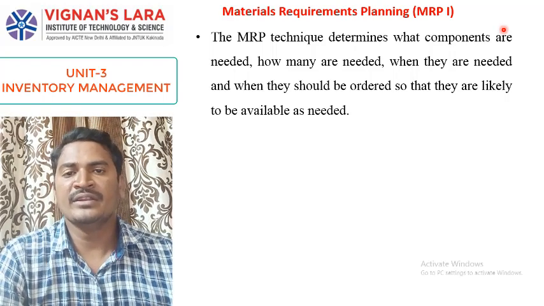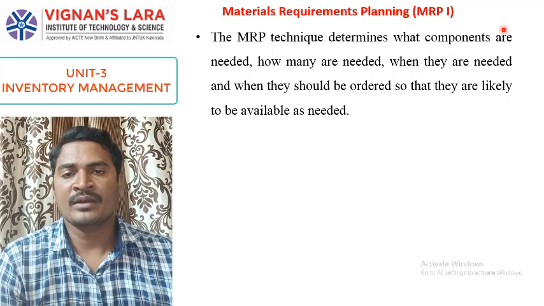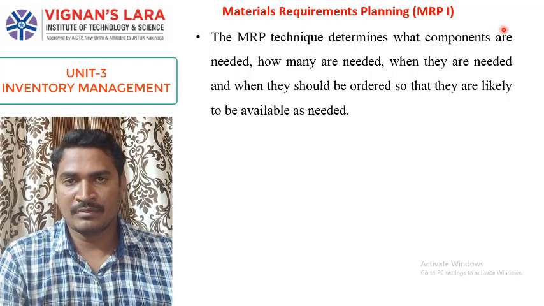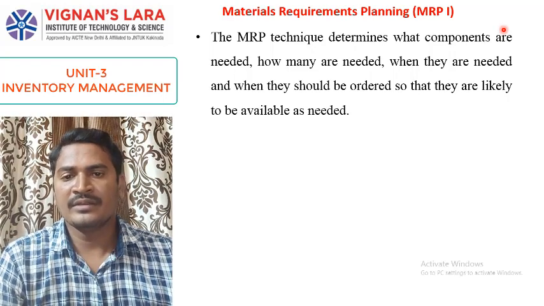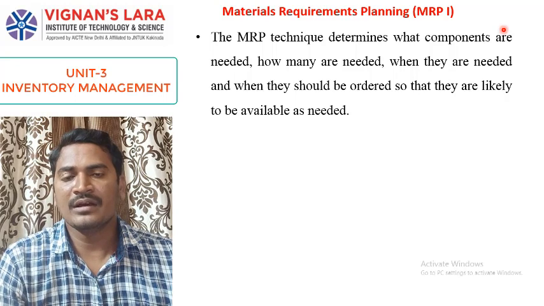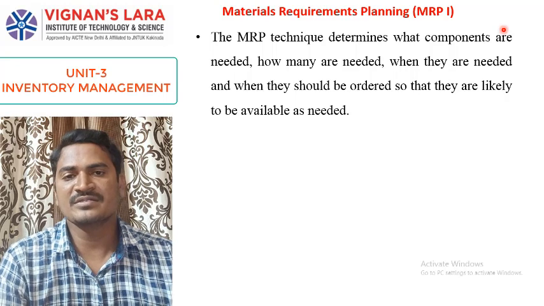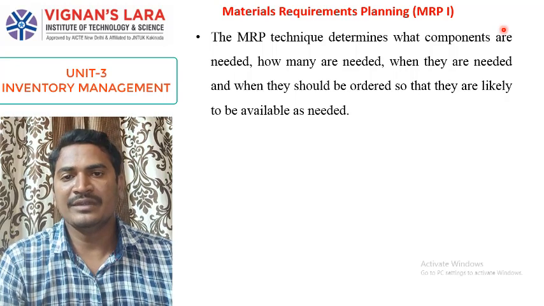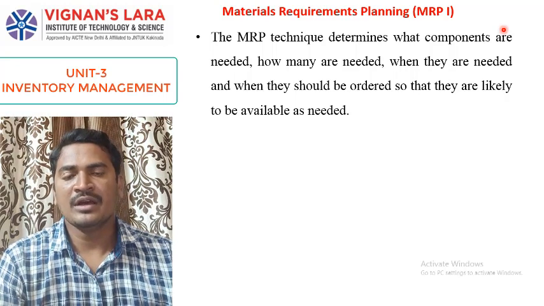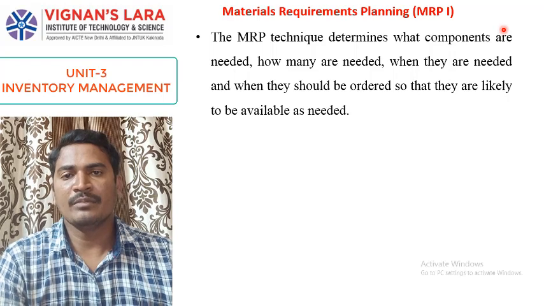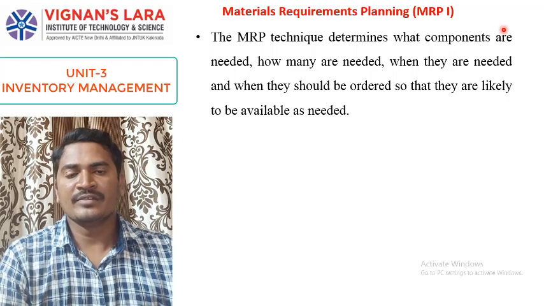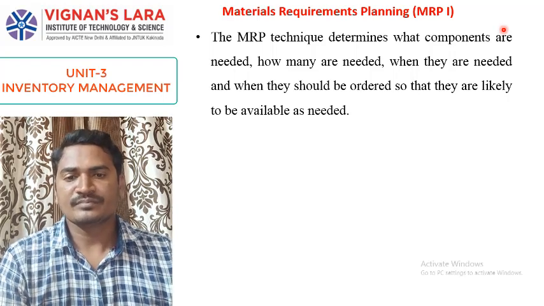And also when they are needed. The customer, the market, the buyers or the consumers will give some due dates to the manufacturers. According to that due date, we have to prepare the schedule, or procure the raw material, and also decide when they should be ordered.